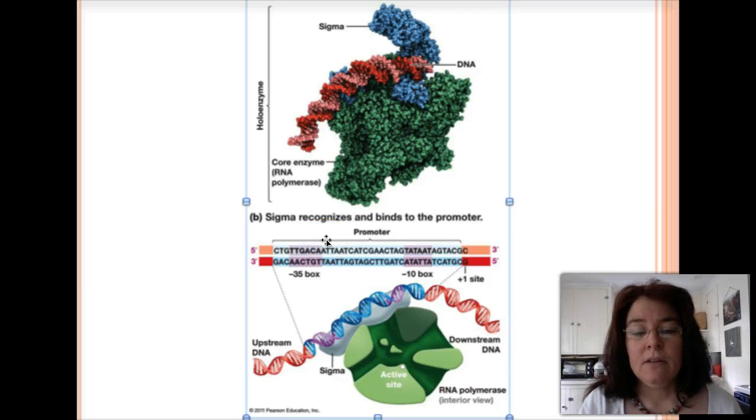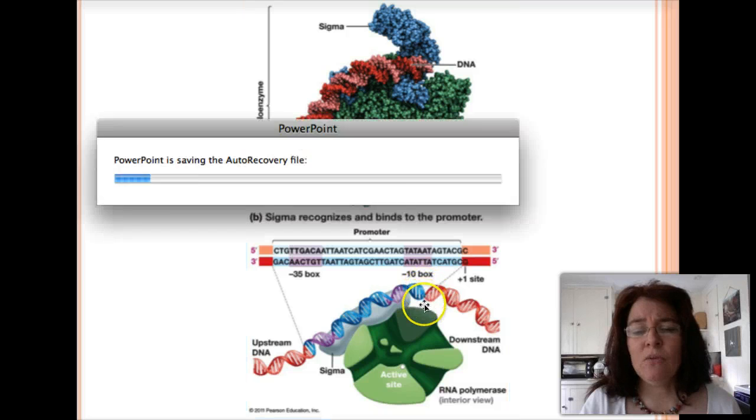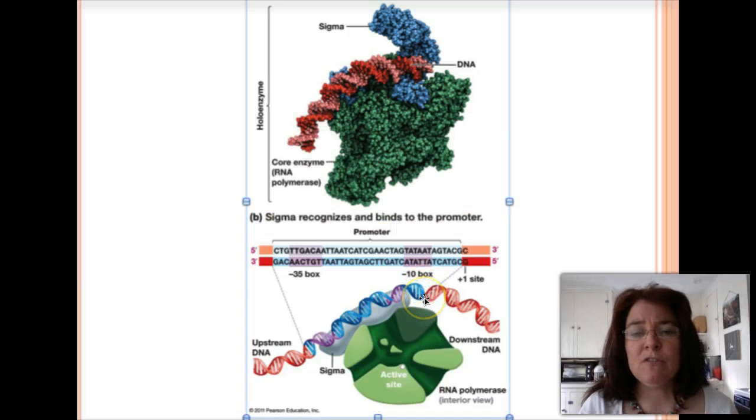So again, the place where these minus terms come in is due to the fact that there is a +1 site, and that's the site where the promoter sort of juts into or bumps into the red part of the DNA. This is the part that's actually going to be transcribed.